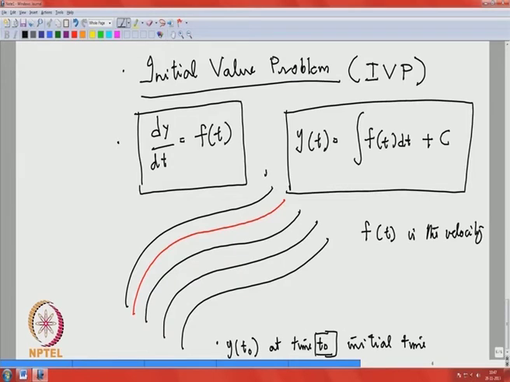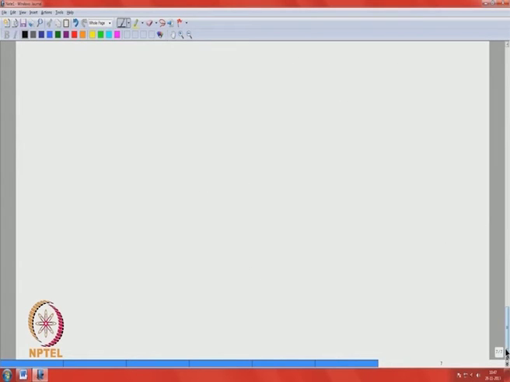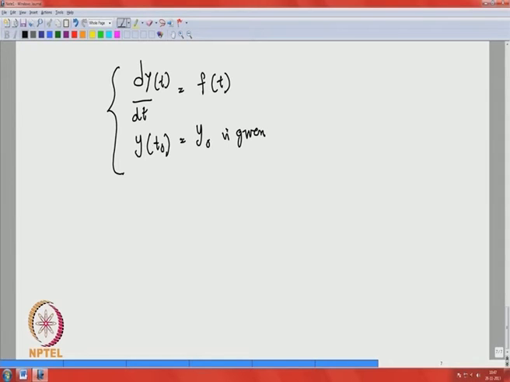So, this constitutes a good physical problem: dy by dt equal to f of t, and y at t naught, your initial position y naught, is given to you. This together is called the initial value problem.